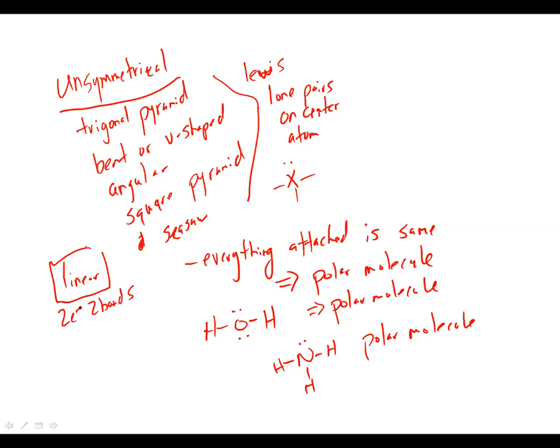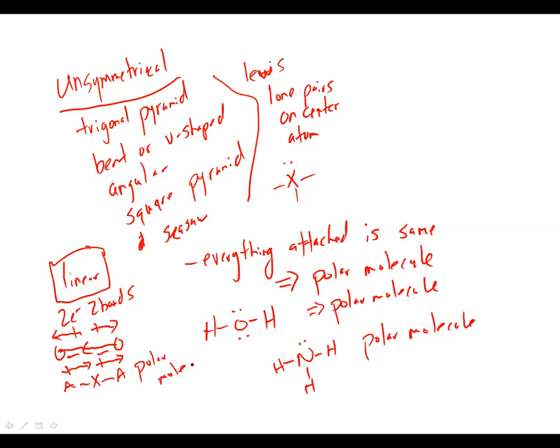When we talk about linear, because it's a straight line, like in CO2 that we saw earlier, because they head in opposite directions, they cancel each other out, so it would be nonpolar. It is possible to have a linear geometry where everybody is heading in the same direction in terms of electronegativity, and that would turn it into a polar molecule.